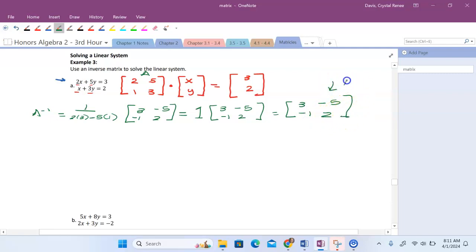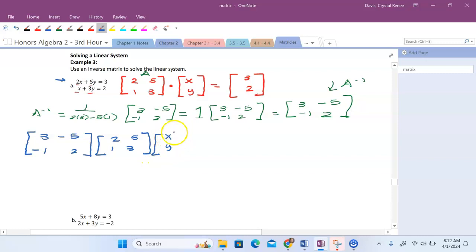Okay, so this here is the inverse of A. Just like I did before, if I multiply that on both sides, so -1 and 2, if I multiply that by A, so 2, 5, 1, 3, and then I still have my X and my Y, and then I also want to multiply that on the right, so 3, -5, -1, and +2, and I have 3 and 2.